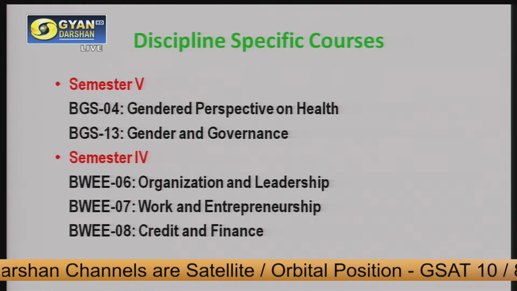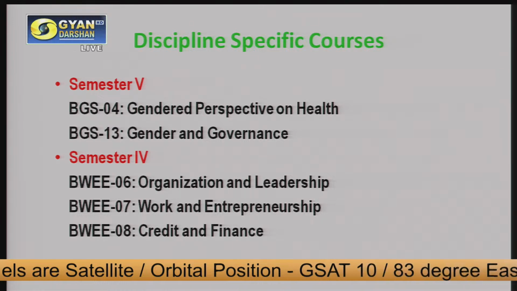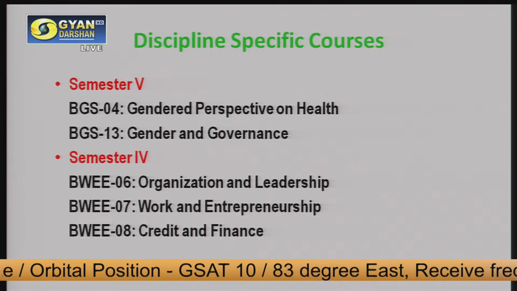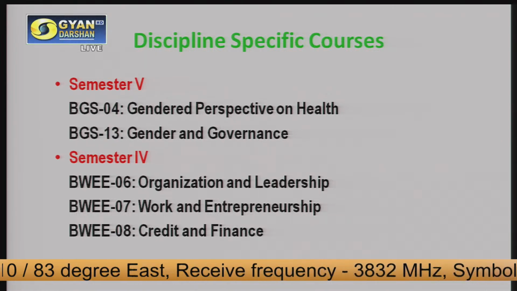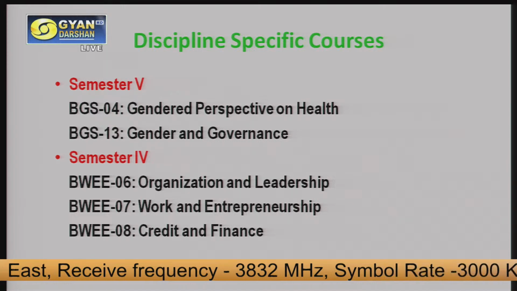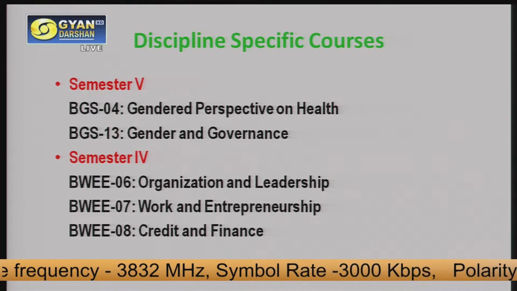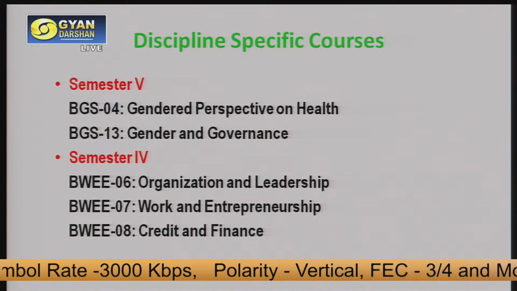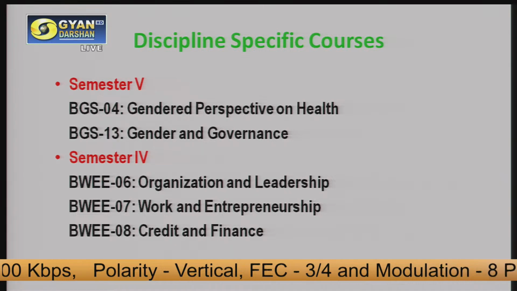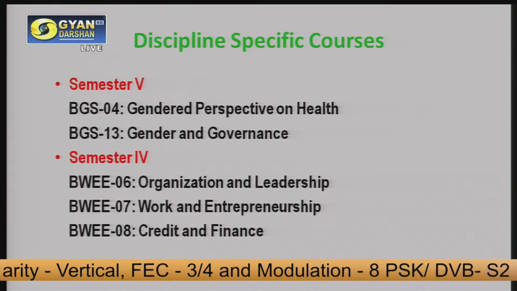In the last semester, which is semester 6, you will be reading three discipline specific courses, that is BWEE 006, which is Organization and Leadership, then BWEE 07, Work and Entrepreneurship, and the last course is BWEE 08, Credit and Finance.